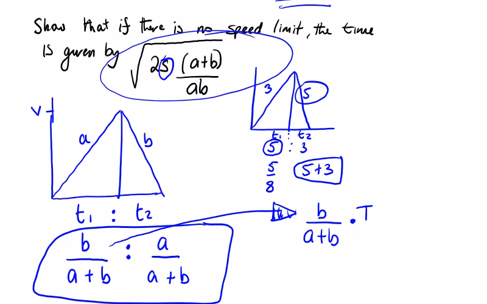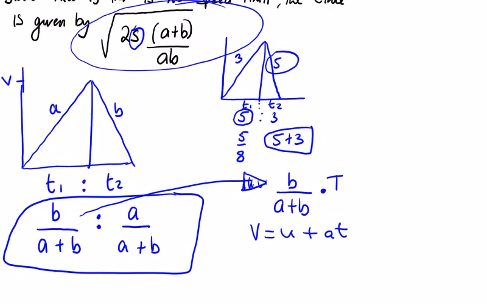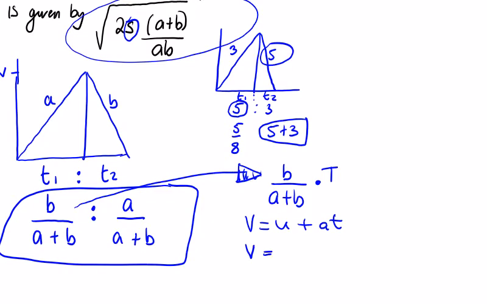So if we fill this into v is equal to u plus at, I think this is the right direction to go in. We get velocity, it starts at 0, and we're going to have a times the time taken in this sector, which is b times T over a plus b.